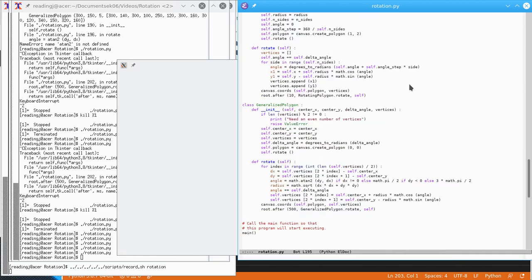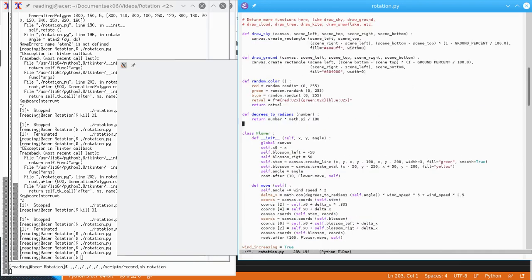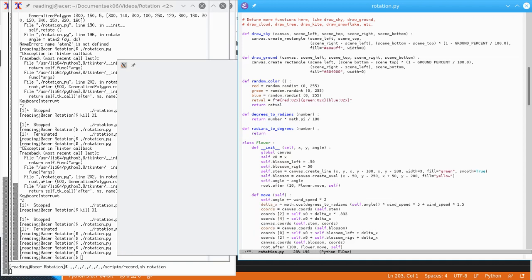Let's try something here. Let's do a radians 2 degrees. Return number times 180 divided by math.pi.